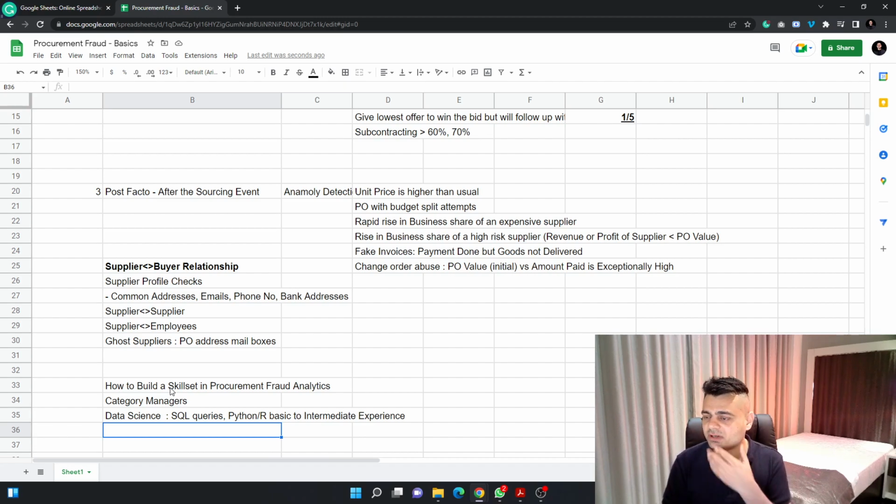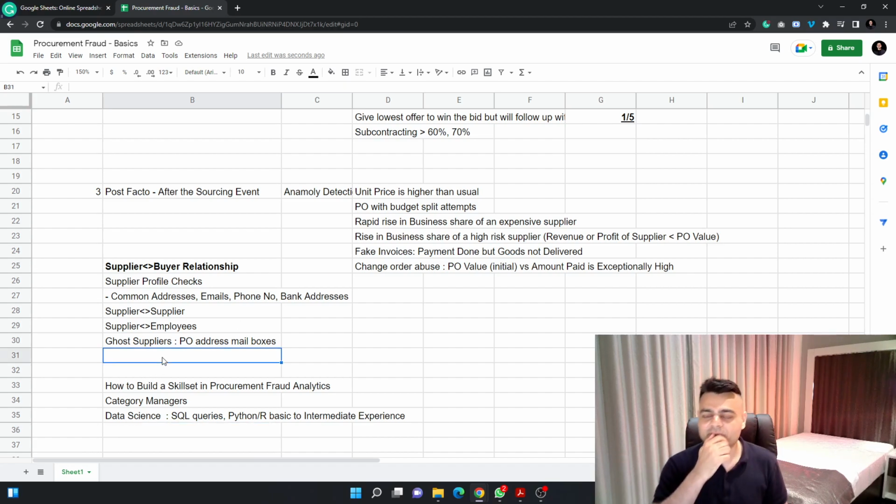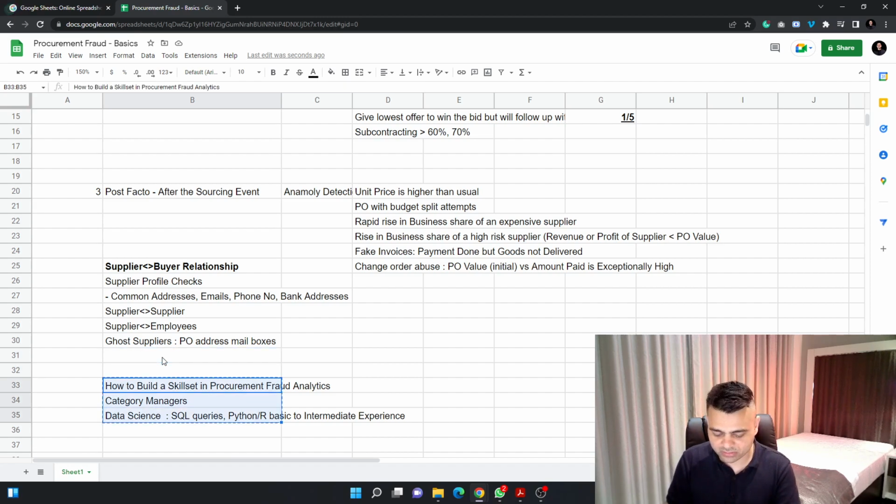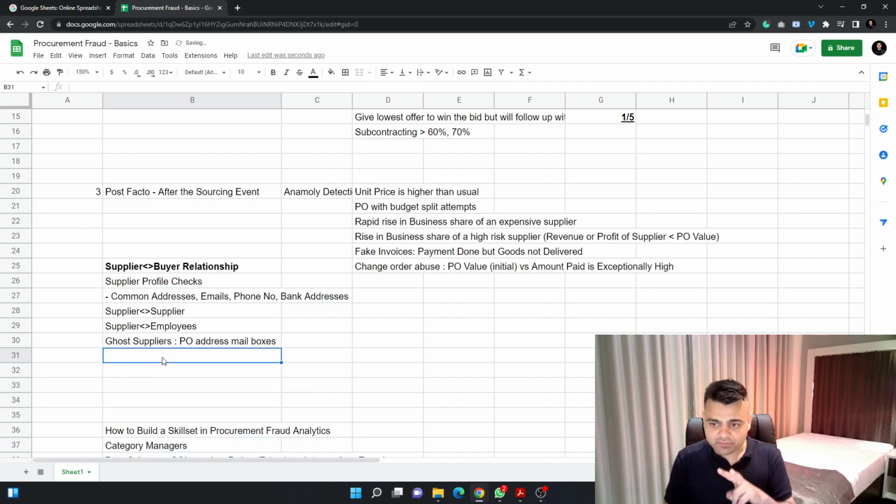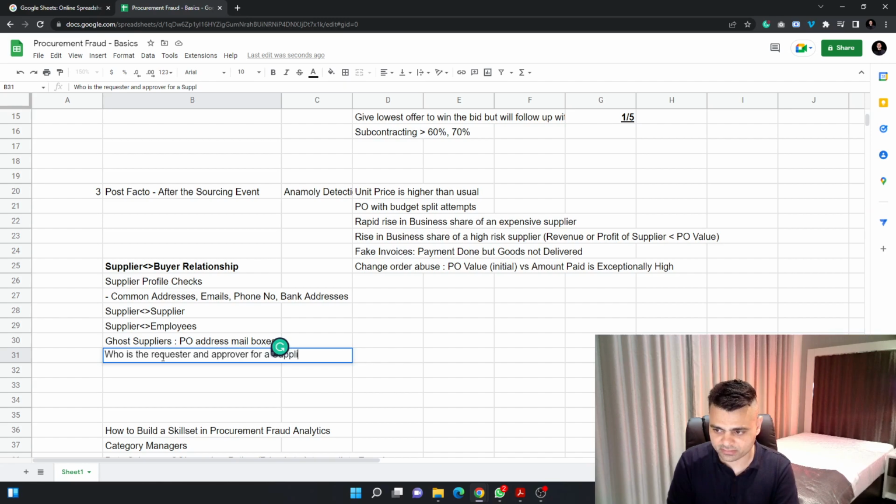Apologies, I'm a bit unstructured because I'm trying to do this on the fly. Another aspect I forgot in the buyer-supplier relationship is two points I will always inquire. Who is the requester and approver for a supplier?